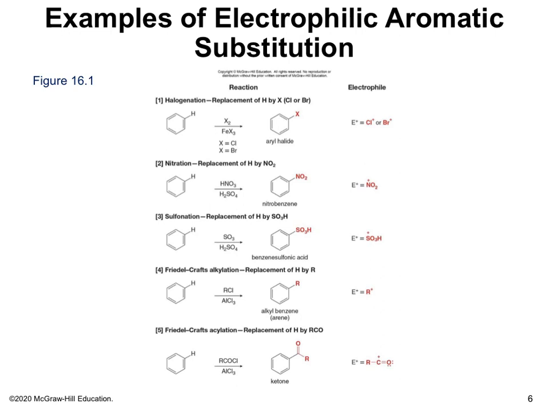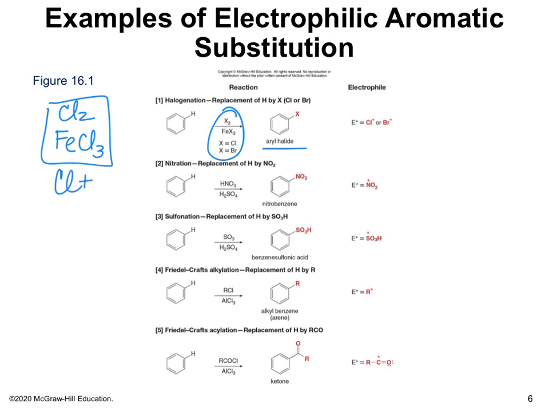These are the different reactions that you're going to be required to know. You see that if you add a Lewis acid like iron(III) chloride with chlorine, then you can get a reaction. Now, what I want to see here is that you just write Cl plus.